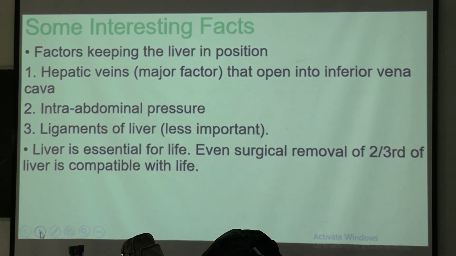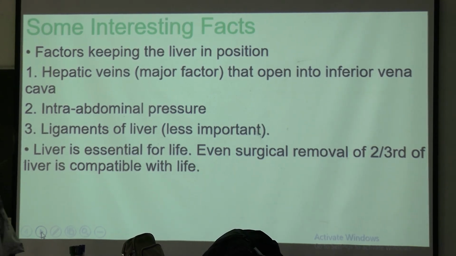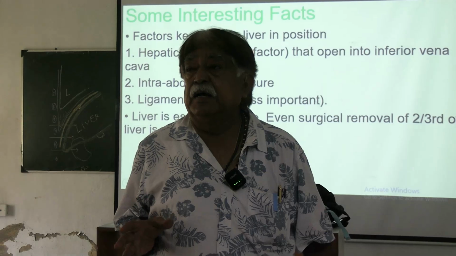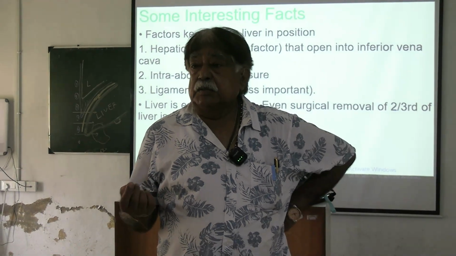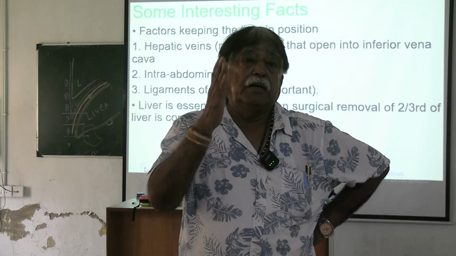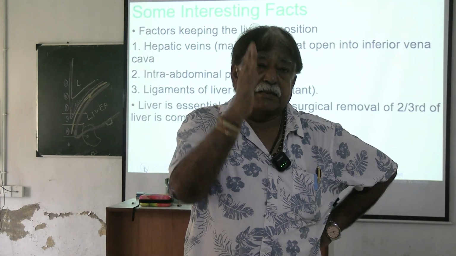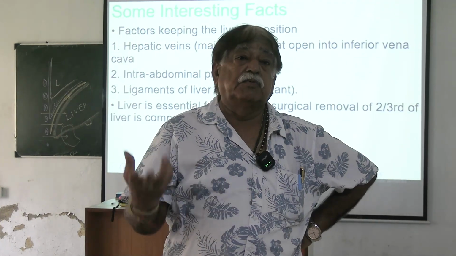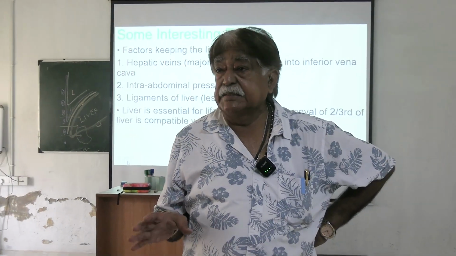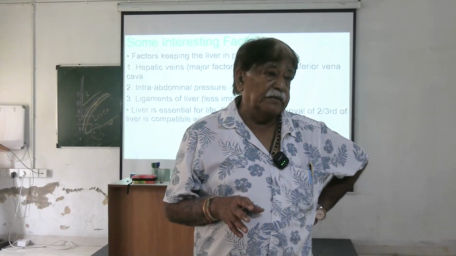Now, if there is a metastasis or some big hydatid cyst of the liver, that is due to worms, the cyst forms. Now, that portion of the liver or the cyst can be removed. But when that is done, see, it bleeds. It is very vascular.